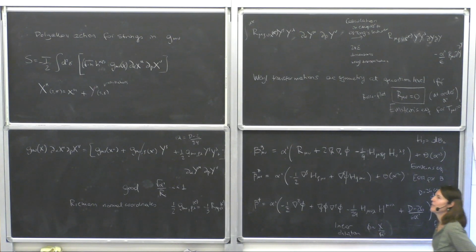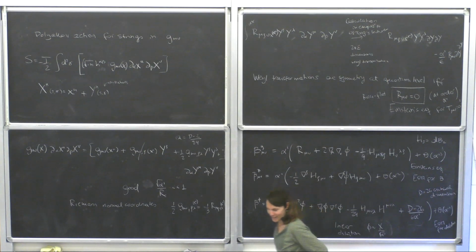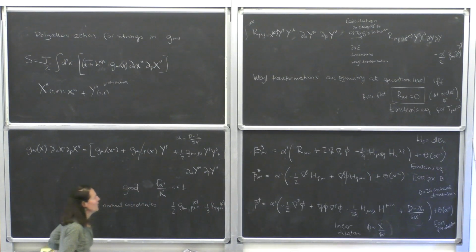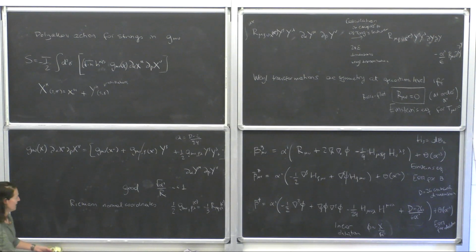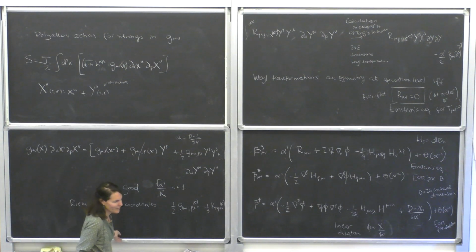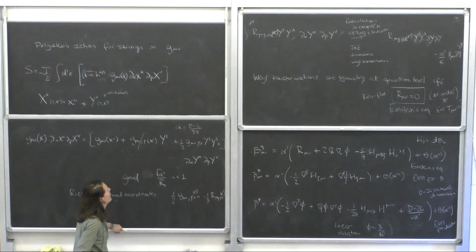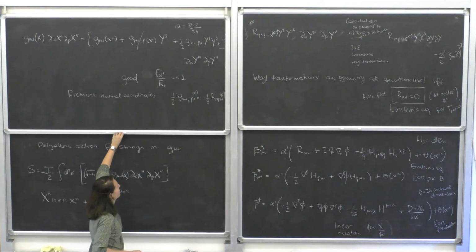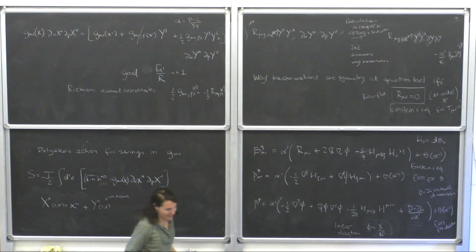Okay, so 51. Okay, let me say 5 minutes. Let me start motivating the superstring. I don't know, I could stop here, but no, it doesn't make too much sense.